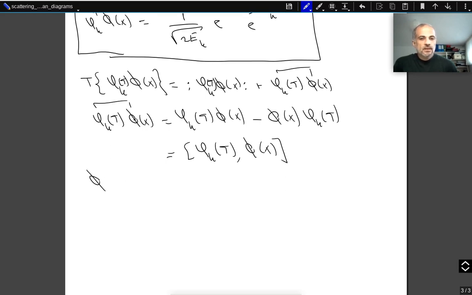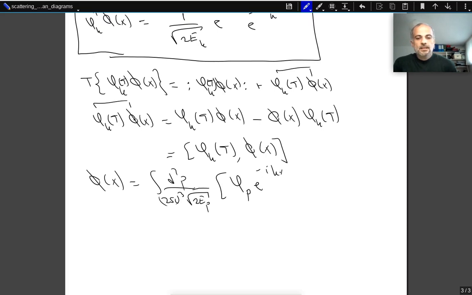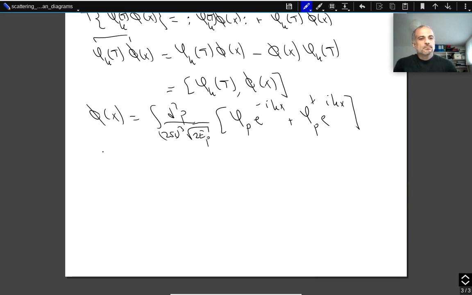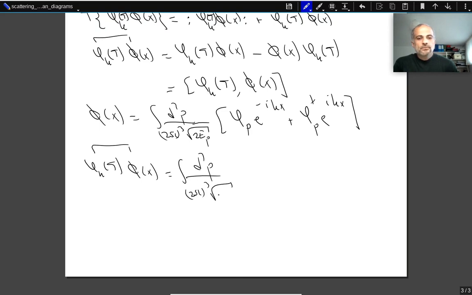And again, phi of x is equal to integral d cubed p divided by 2 pi cubed, square root of 2 E_p, and then we have phi p e to the power minus i p x plus phi p dagger e to the power i p x. So the contraction of phi k of T, phi of x, is equal to integral d cubed p divided by 2 pi cubed, square root of 2 E_p.